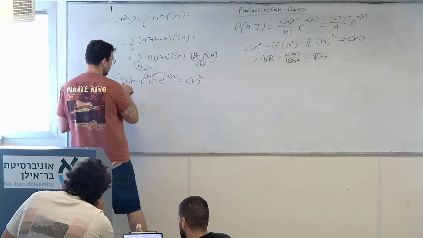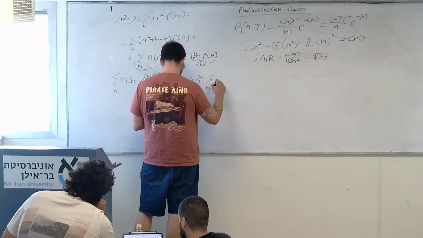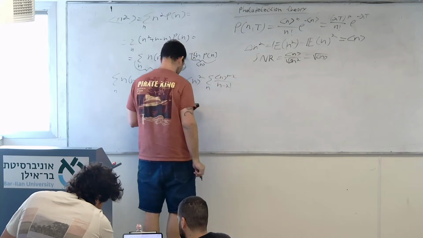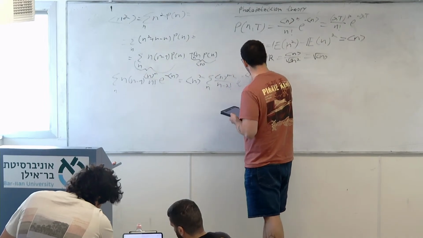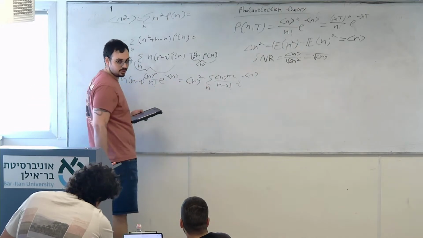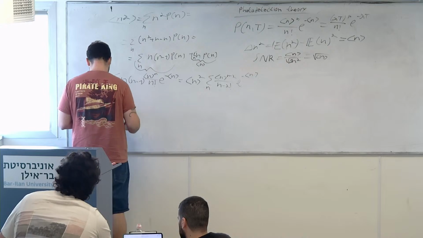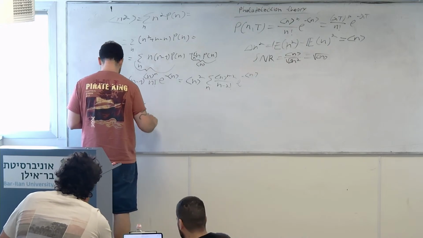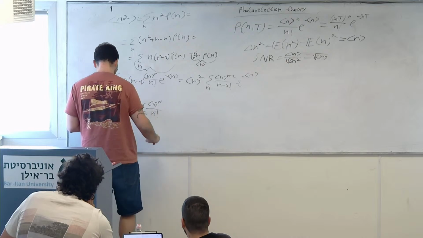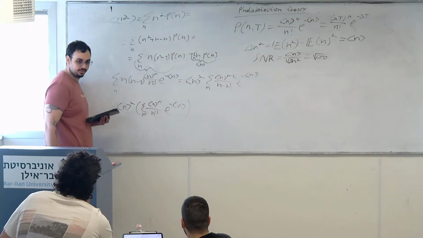I'm going to take the n squared to the outside and reduce the denominator of these two, sum over n of average n to the power n minus 2 times e to the minus average n. This is equal to, I can now exchange the variable n to n tag, so I'll remove the minus 2, it will be average n tag squared, n tag divided by n tag factorial, to the power e minus n, which of course this is just p, sum of all p, so this is 1.